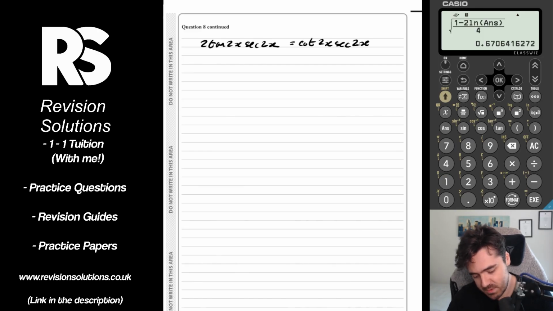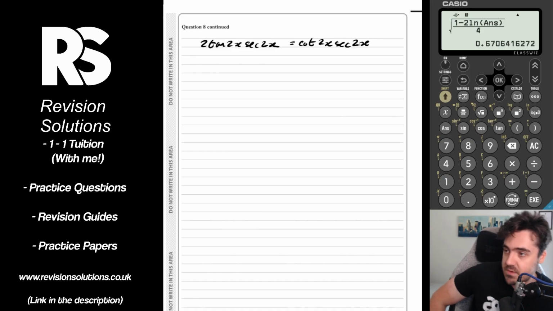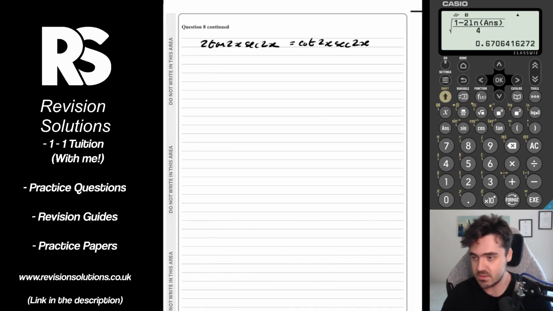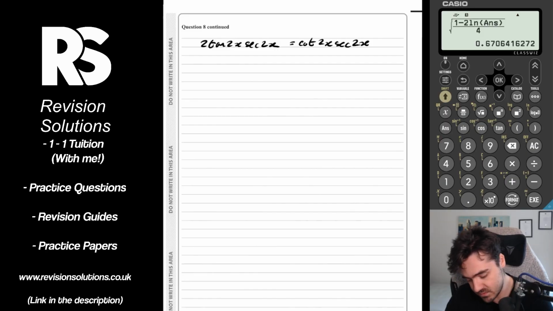Okay, and at this stage you might be tempted to cancel the sec 2x's, but we don't want to do that. We could potentially lose some solutions. So if you have factors, what you always want to do is bring it to one side and then factorize it out, because factors will give us roots, provided the equation's set to 0. So we have 2 tan 2x sec 2x minus cot 2x sec 2x equals 0.